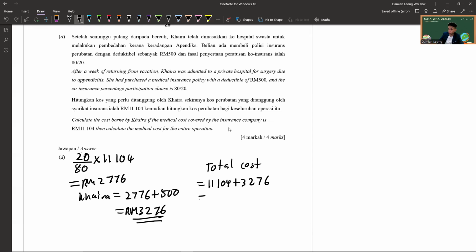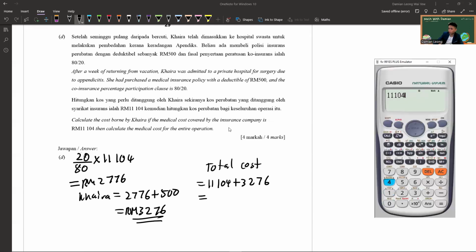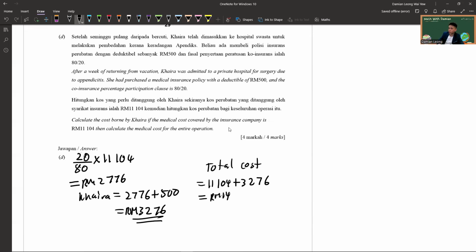How much the insurance company pays plus how much Kyra pays. So 11,104 plus 3,276, which is 14,380 ringgit. That's the total cost. Okay, that's for question 16.